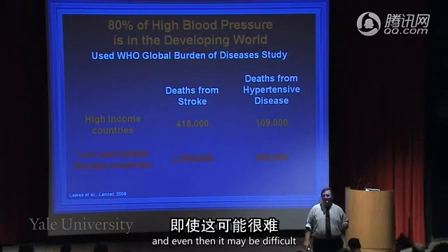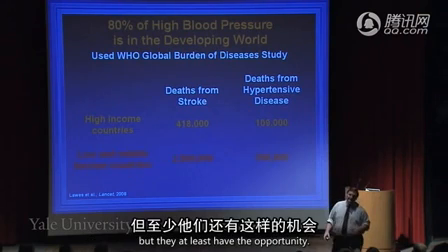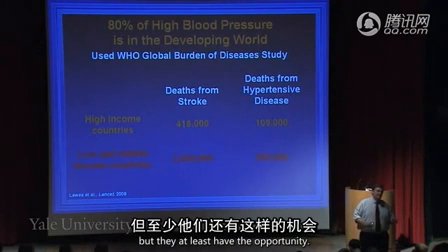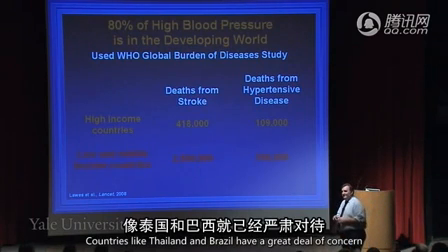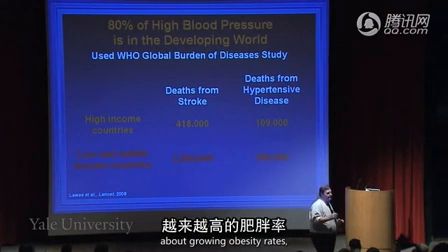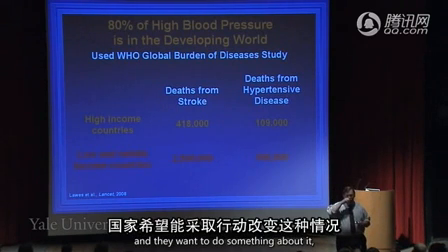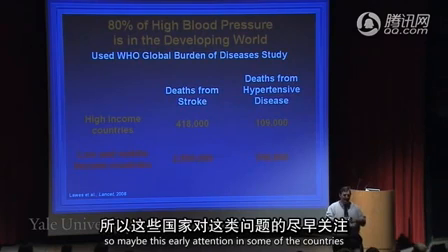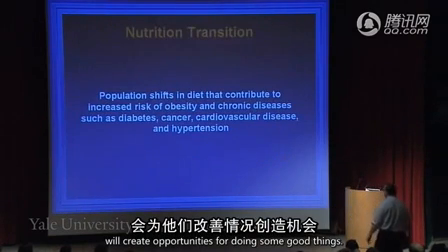And even then it may be difficult, because global factors are occurring that are helping drive this. But they at least have the opportunity. And thankfully, some of the countries are beginning to think about this. Countries like Thailand and Brazil have a great deal of concern about growing obesity rates, poor diet, deteriorating physical inactivity, and they want to do something about it. So maybe this early attention in some of the countries will create opportunities for doing some good things.